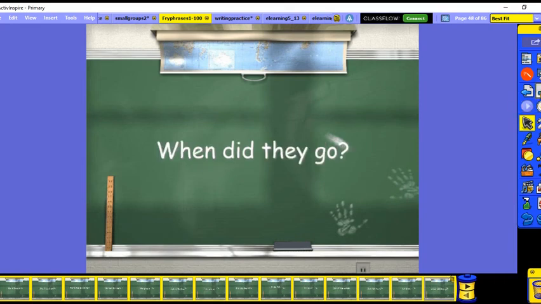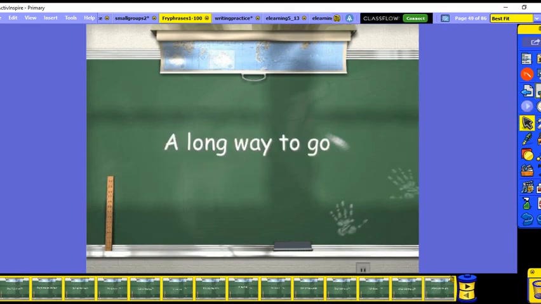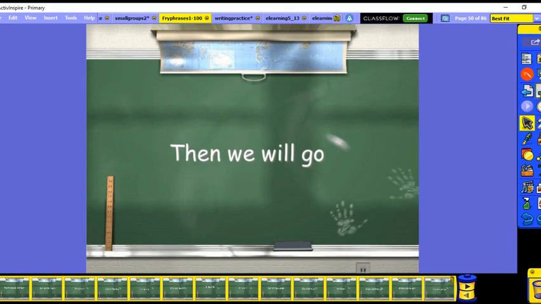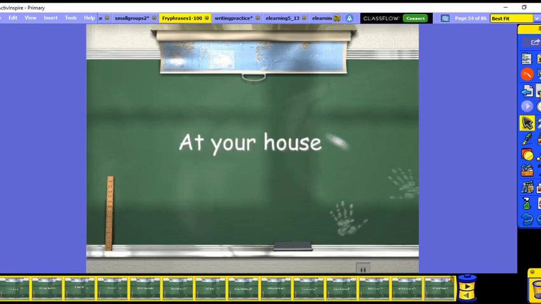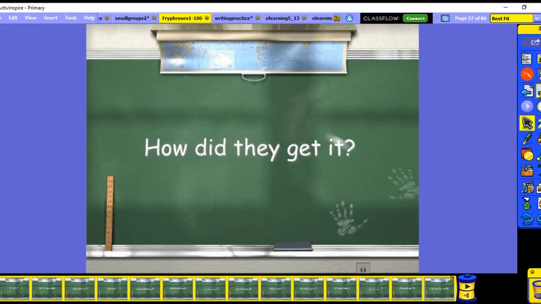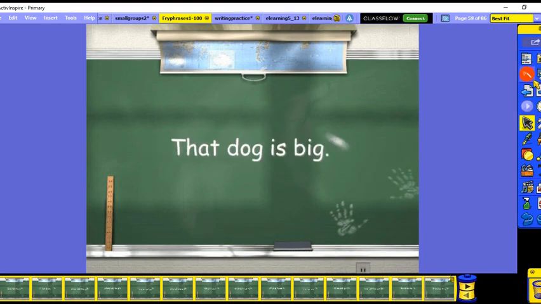When did they go? A long way to go. Then we will go. Who will make it? Which way? We like to write. At your house. 1 or 2. Come and get it. How did they get it? He called me. That dog is big.